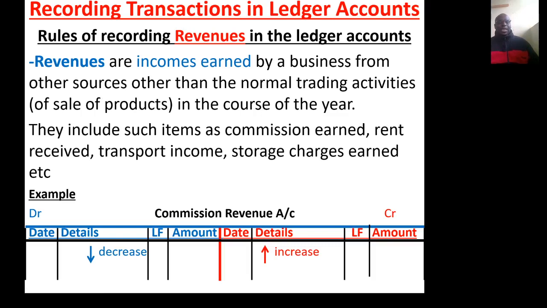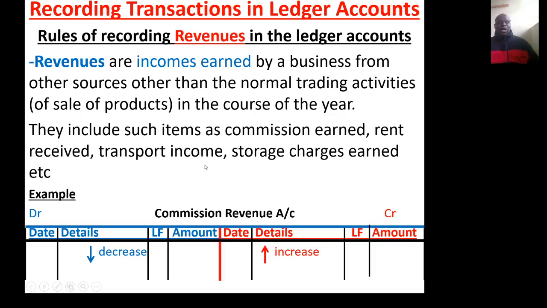They include such items as commission earned, rent received, transport income, storage charges, and etc. A business may earn a commission for, let's say, selling a product of another company in large quantities. Or a business may store stock or goods for another business and they charge them. You receive that money in form of rent received.